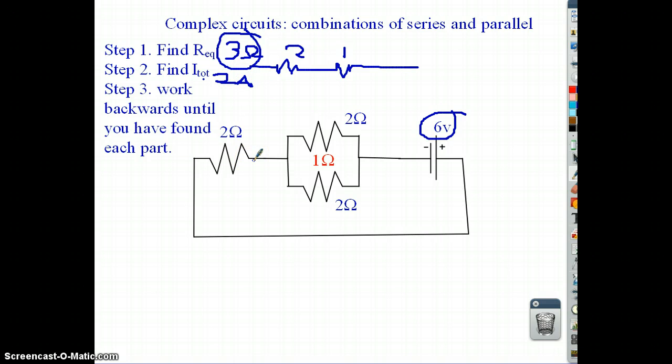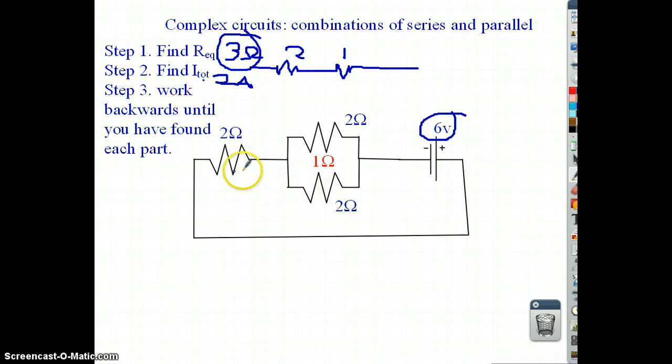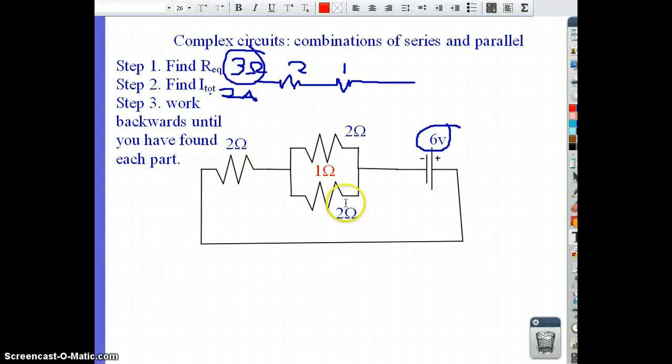Now we start utilizing our various rules. One thing that's often very helpful is to label the resistors. I like to label them with letters. Resistor A, resistor B, and resistor C. So now what we're going to begin doing is finding all the different things, meaning individual voltage and current for each.